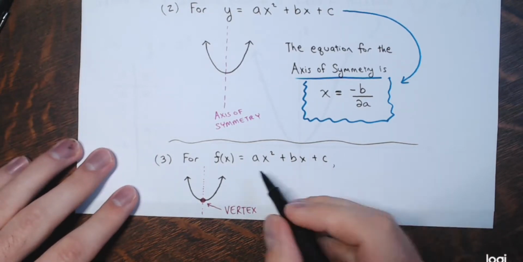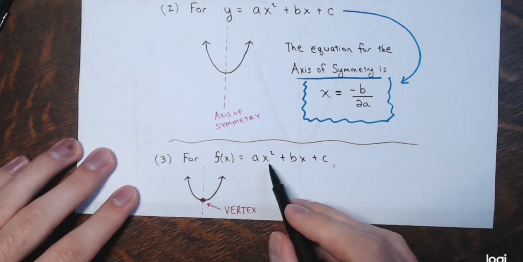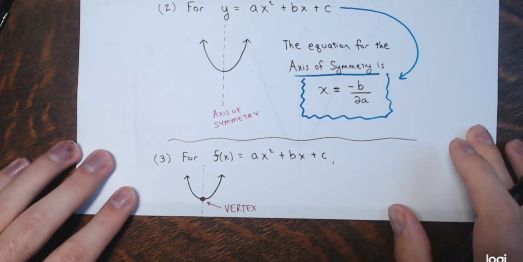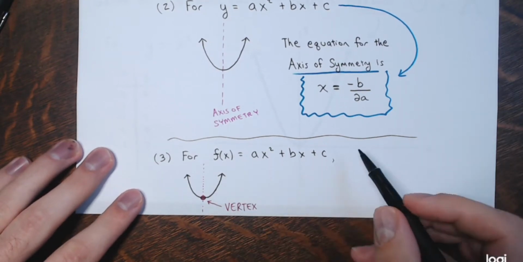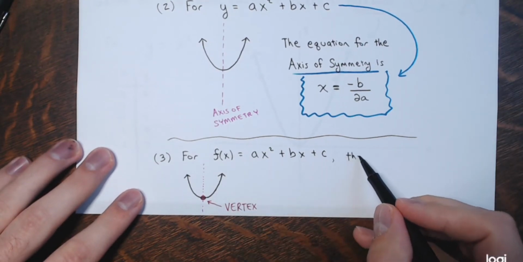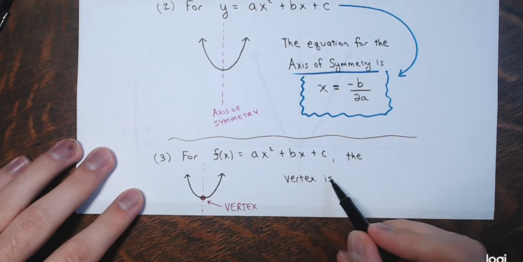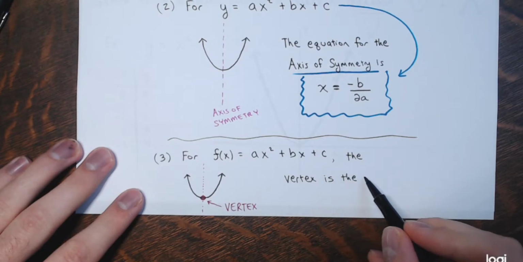And for an equation that looks like this, y equals ax squared plus bx plus c, or f of x equals ax squared plus bx plus c, any function of this form, the vertex is a point. It's an ordered pair.